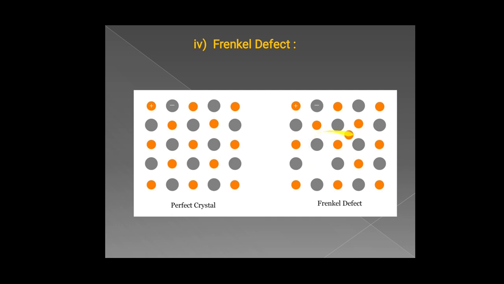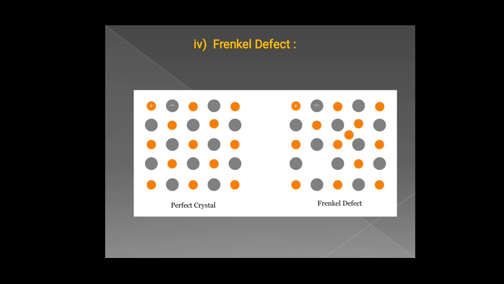It has just changed its position, so it has occupied one of the interstitial spaces in the same crystal. So if you see overall, no ion is missing. Yes, from a specific place the ion will be missing, but that ion has shifted to the same crystal, taking another position, the interstitial position, of course. Such kind of defect is called Frankel defect.